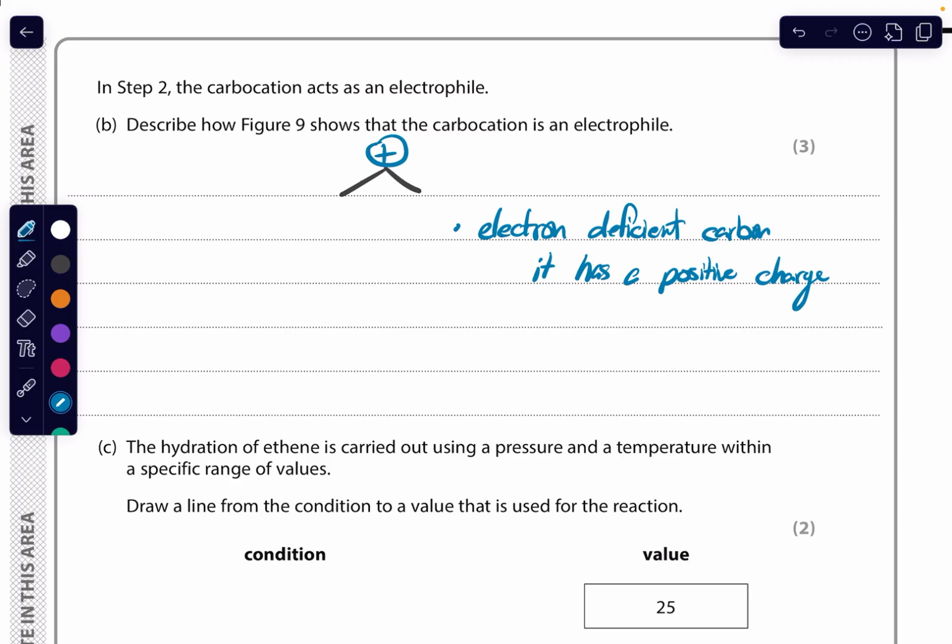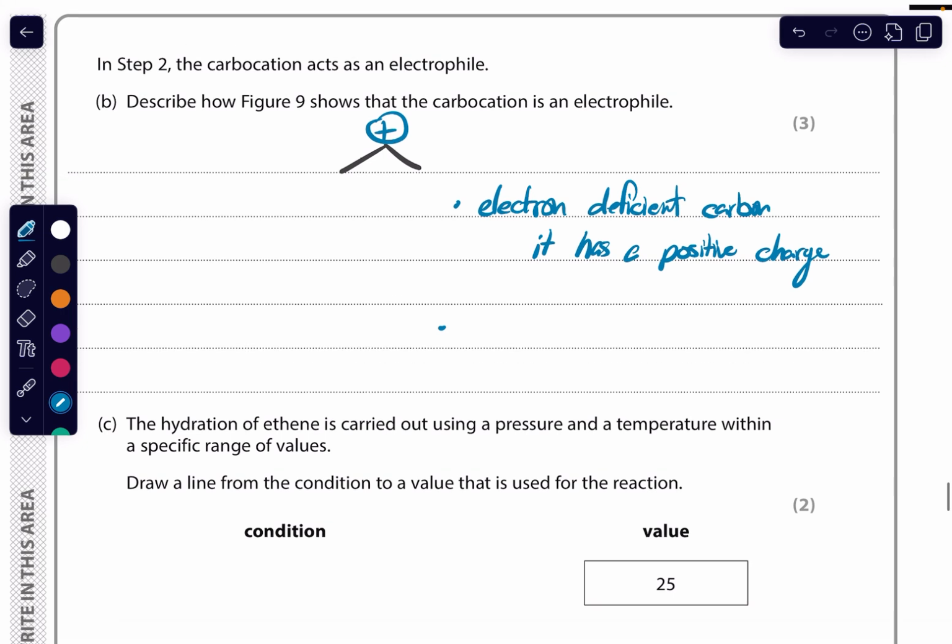Cool. The next step is if it's got a positive charge, what's it going to receive in order to neutralize that positive charge? Well, it must be a pair of electrons. So it's an electron pair acceptor, and accepts a lone pair of electrons to be more specific.